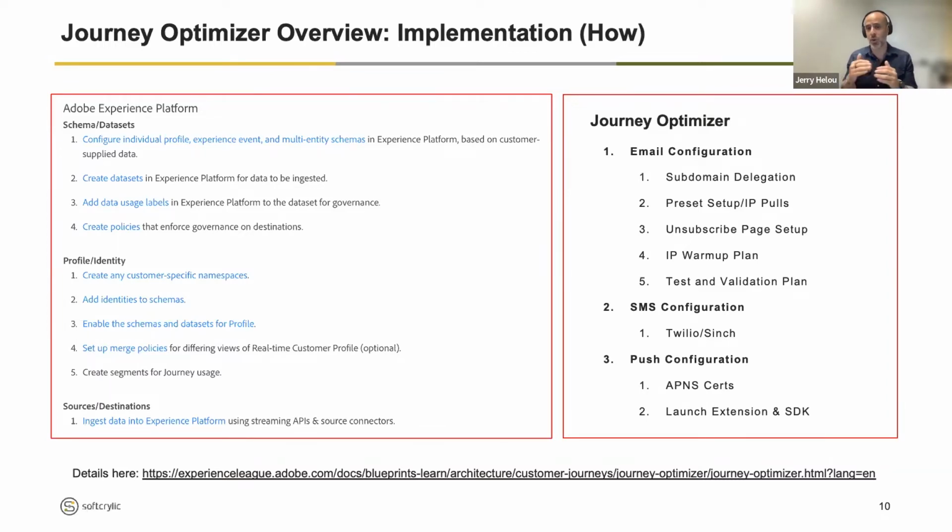Even going the extra step of the unsubscription. How is that going to happen? Is there going to be one unsubscription link, or a page that gives them certain details? And then having the IP warm-up, especially if we're working with a new IP for Journey Optimizer, and going through the full testing and validation.